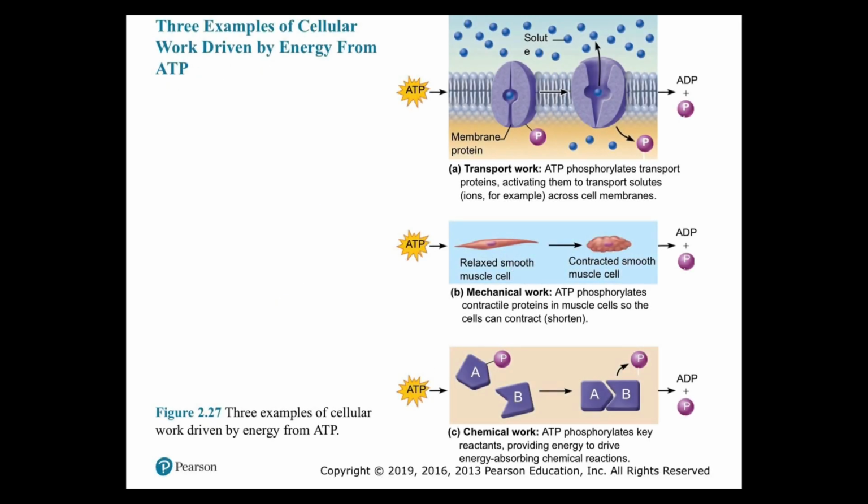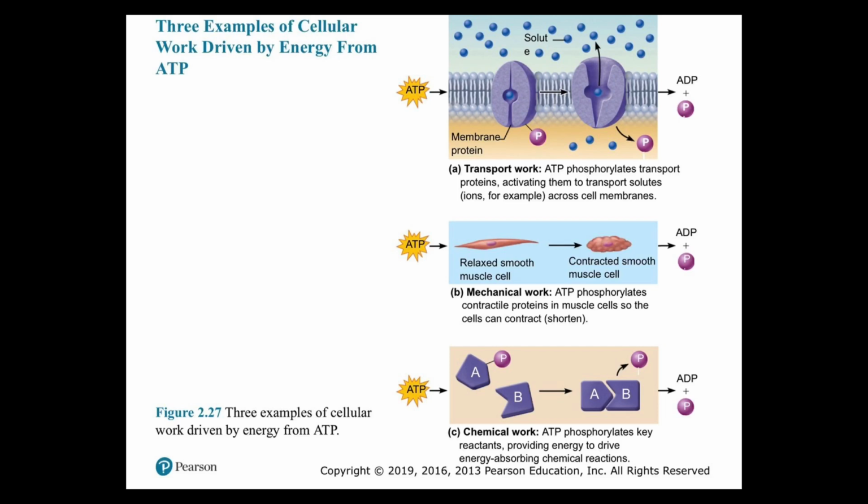Figure 2.27 illustrates three examples of cellular work driven by energy from ATP. In figure A, as transport work, we have a membrane, and embedded in the membrane is a membrane protein, and it has a phosphate that is attached. ATP phosphorylates the transport protein.